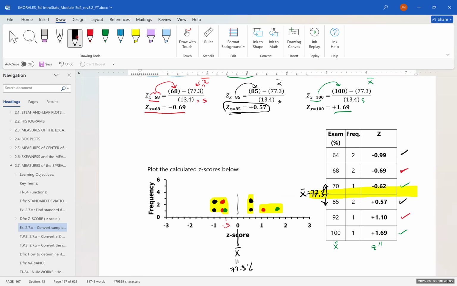So it makes sense that these would be positive z-scores on this side and negative z-scores on this side, with a mean of 77.3 being equal to a z-score of 0, right there in the middle.